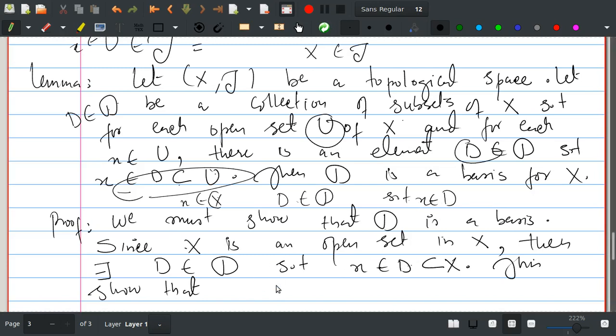So this shows the first condition for D to be a basis.